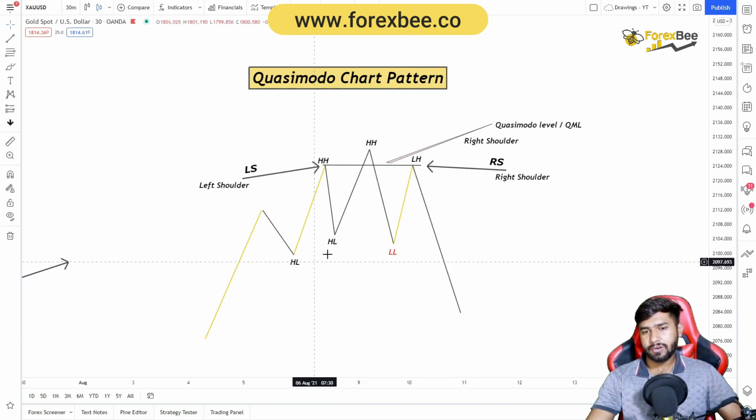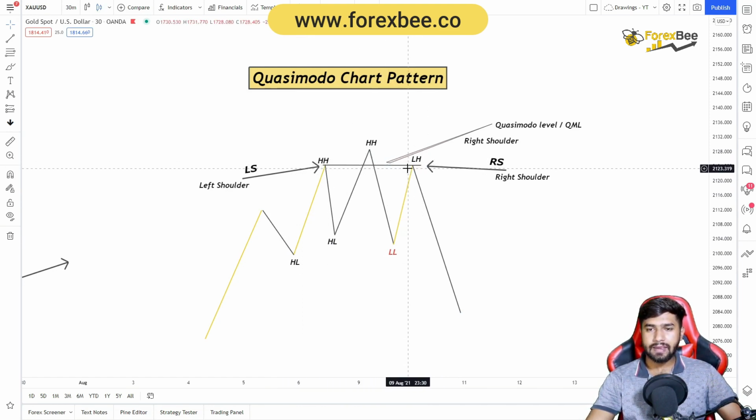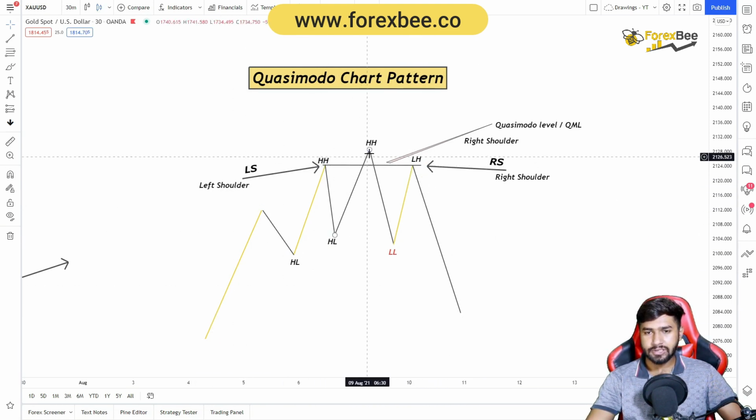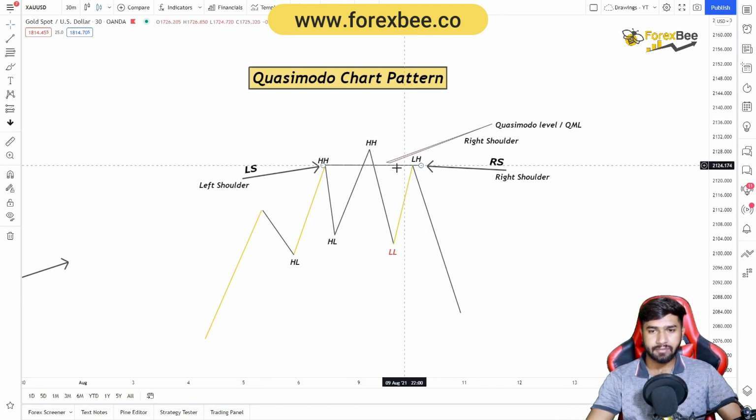So after the formation of this lower low, the price retraced back to this level in order to pick up the pending orders, and then it started to reverse. From here it was going bullish, then it started going bearish from here, which means that now the successful reversal has taken place.